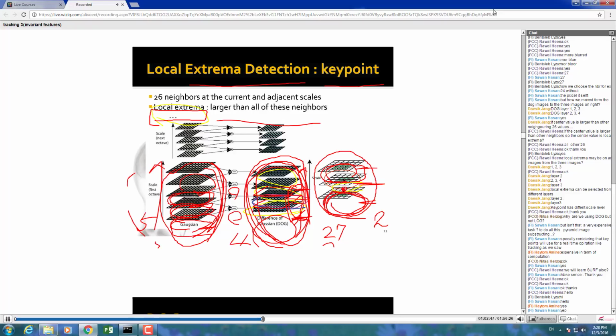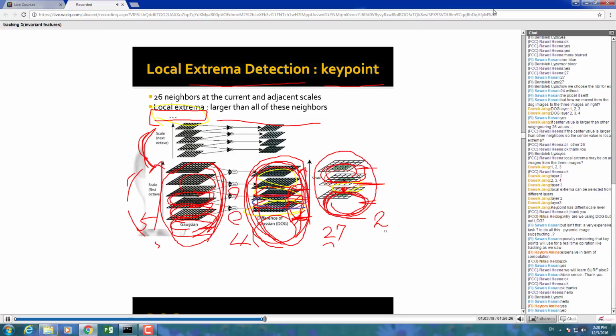In this picture, at the bottom layer, we can see different scales of Gaussian: 1, 2, 3, 4, 5 Gaussian images. From these 5 Gaussian images, we could calculate the local extrema, I mean key points, for two different scale layers. 5 is becoming 2 layers, finally.